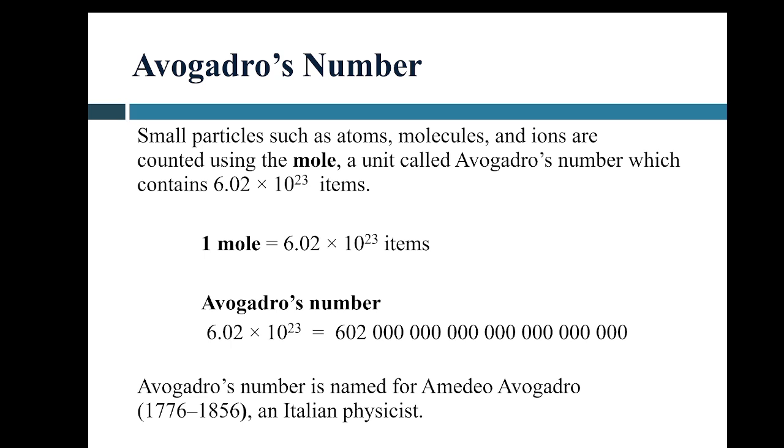When we're talking about atoms and molecules, these things are very, very small, right? Are you going to be measuring out 1, 2, 3, 10, 20 atoms or molecules? No, it doesn't make any sense, right?